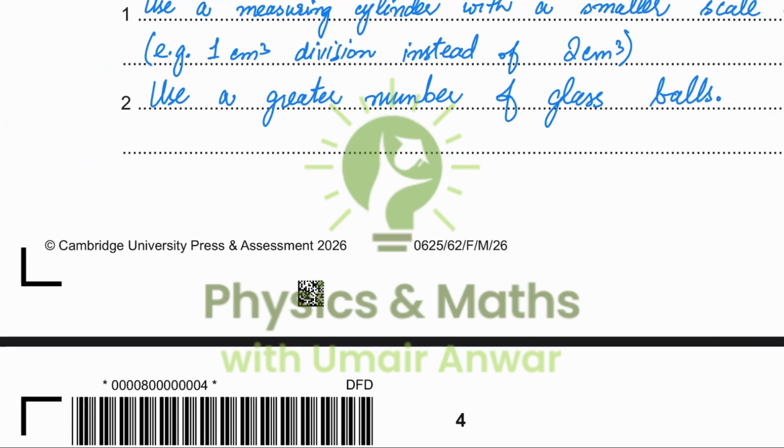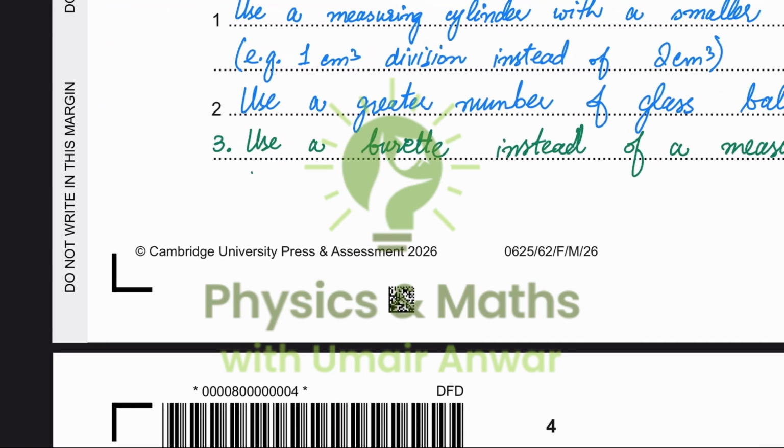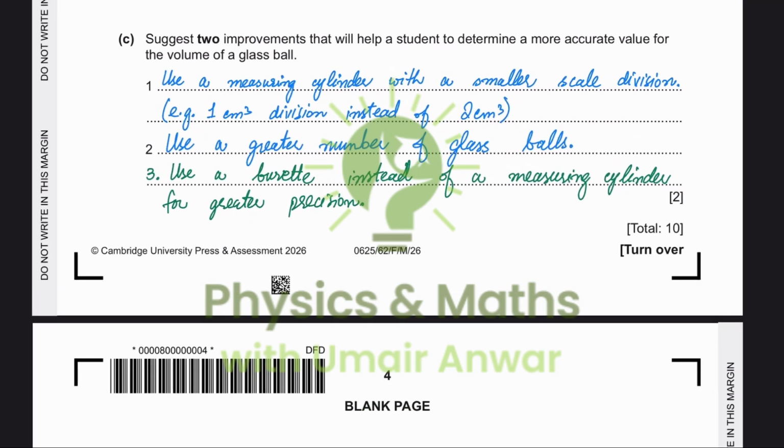Another point, and this is an extra point just for the sake of further explanation, is that we could use a burette instead of a measuring cylinder. This is a strong point which could be written here for greater precision. So any 2 points out of these 3 points are going to score full marks here.